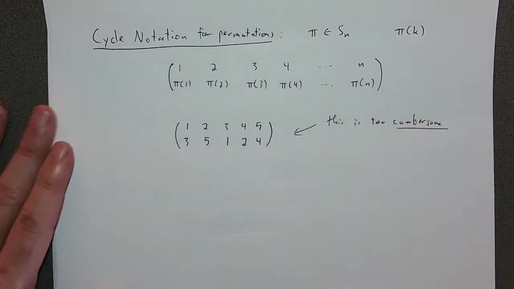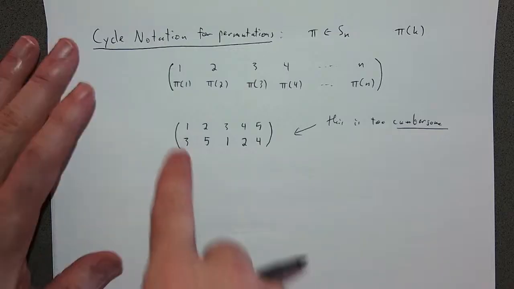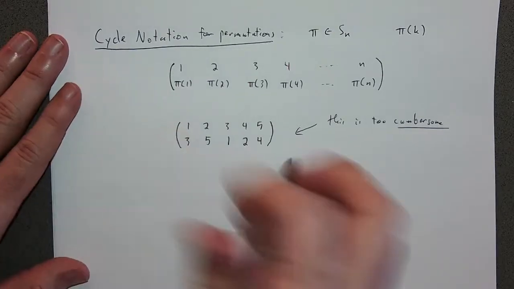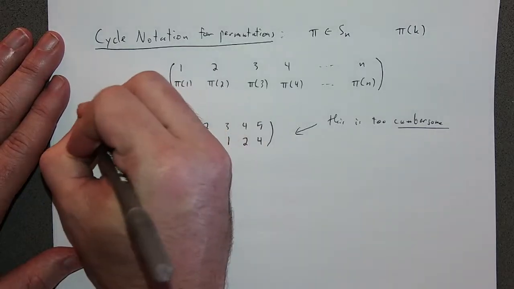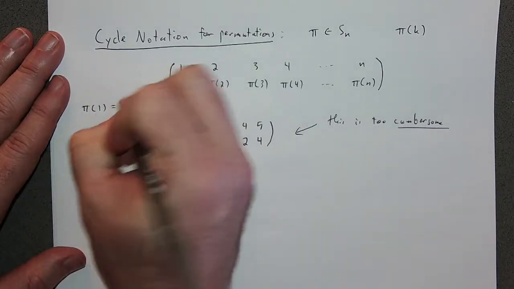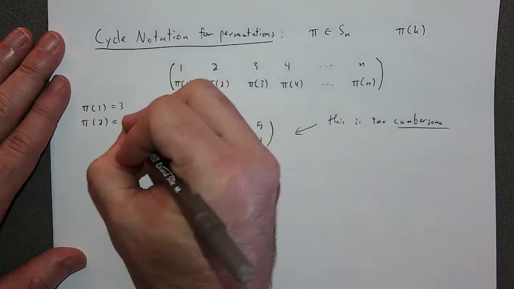This is not amenable to computing things. If we translate this into an even more cumbersome form, this would be the following list or table.